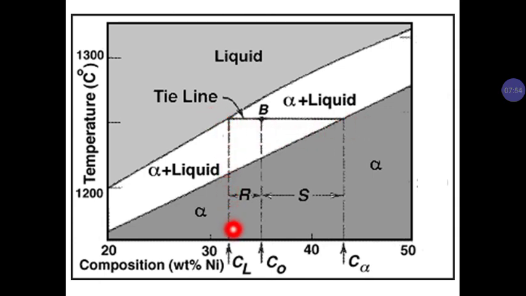Drop the perpendicular to find the composition at which it is completely liquid and the composition at which it is completely solid. And this changes if we change the temperature. You can draw a tie line here, and for different temperatures, the composition at which it is completely liquid or completely solid will change.